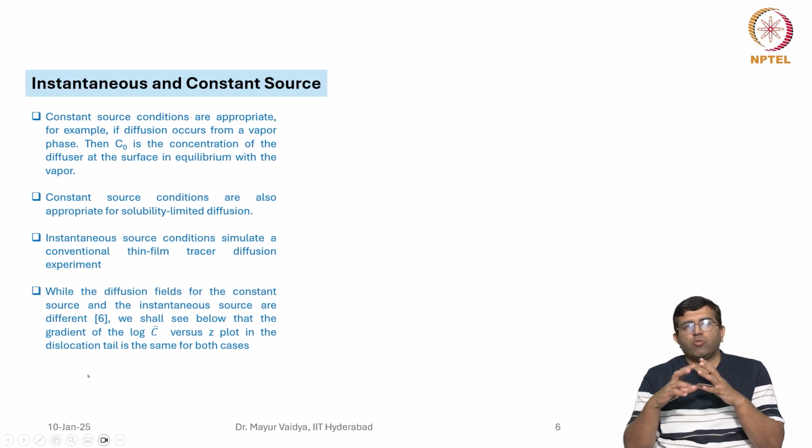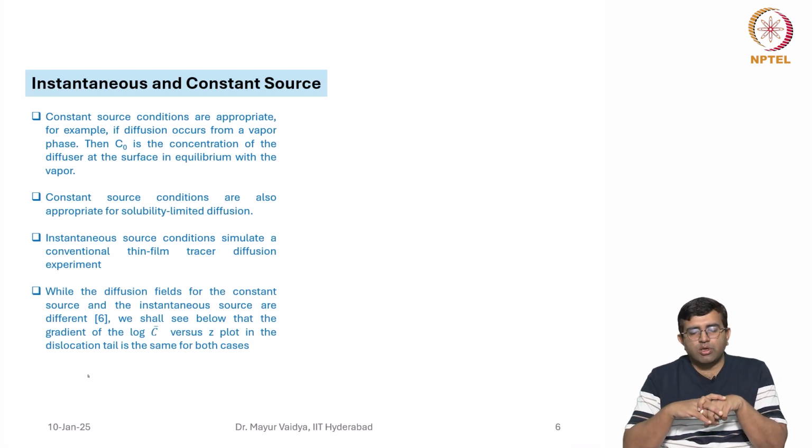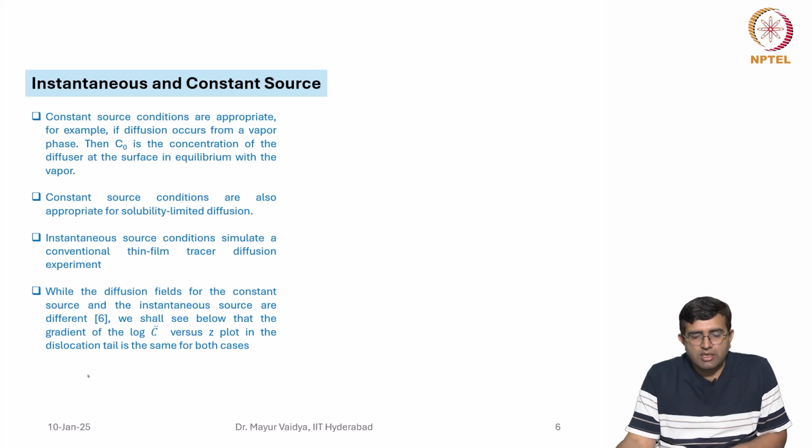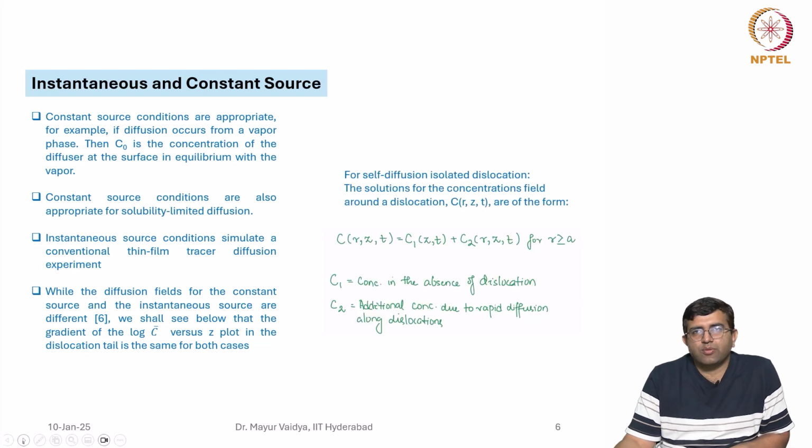So, while the diffusion fields for the constant source and for the instantaneous source are different, we will see that the gradient of log C versus Z plot in the dislocation tail is the same for both the cases.